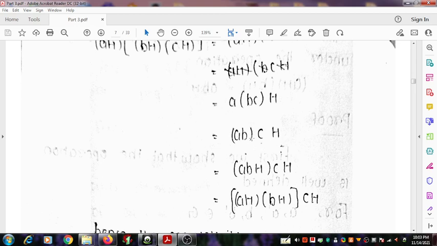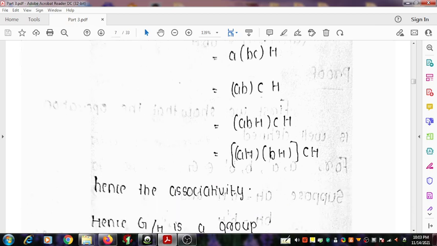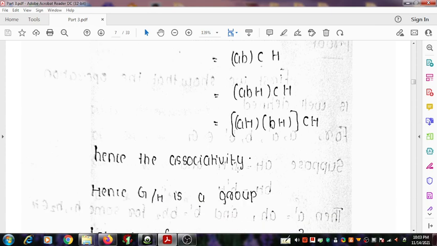This is then ABH into CH. That ABH can be further split as AH dot BH. In the bracket you can write AH dot BH, and after closing that bracket you can write CH, and associativity is also proved.